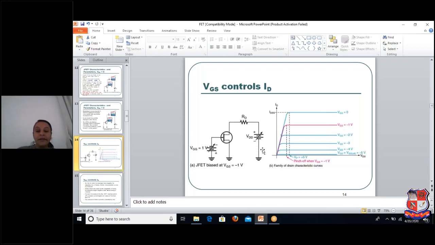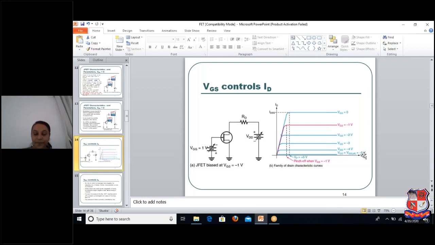Whenever your VGS becomes the pinch-off voltage, suppose minus 5 volt, what happens at minus 5 volt? The depletion layers of this structure touch each other. So below this voltage, your region is known as the cutoff region.